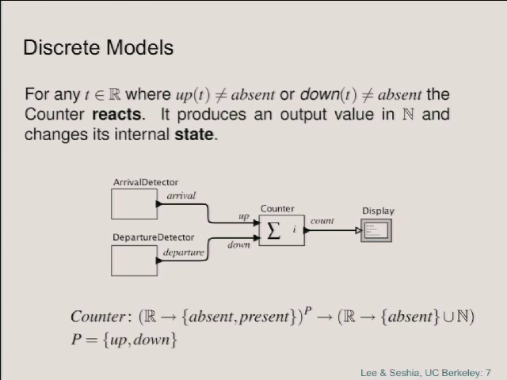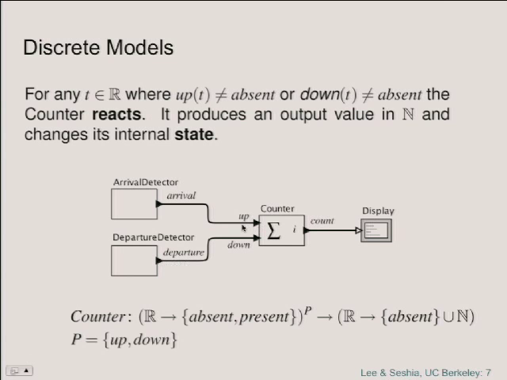The one that I think we used the most was where the inputs to a discrete component and the outputs were continuous time signals, in the sense that they're defined at all times on a real line. But they could be absent, and in fact are absent for most of the time. The only time they're not absent is when reactions are occurring, okay?